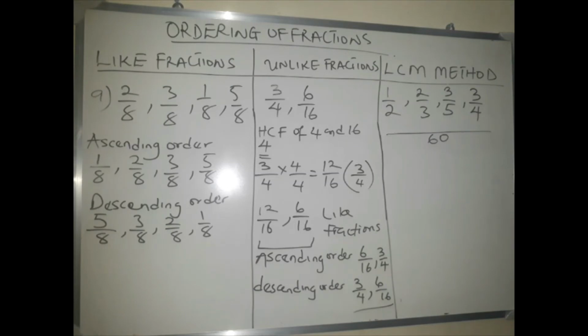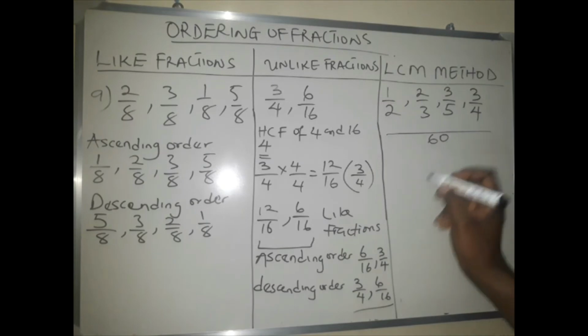So now what you do is that for each of the fractions, you divide the LCM of the denominators by the denominator of each of the fractions, and then you multiply the result by the numerator.